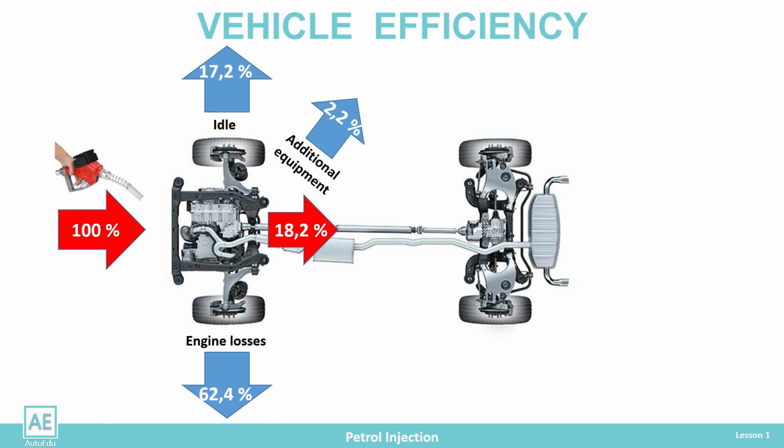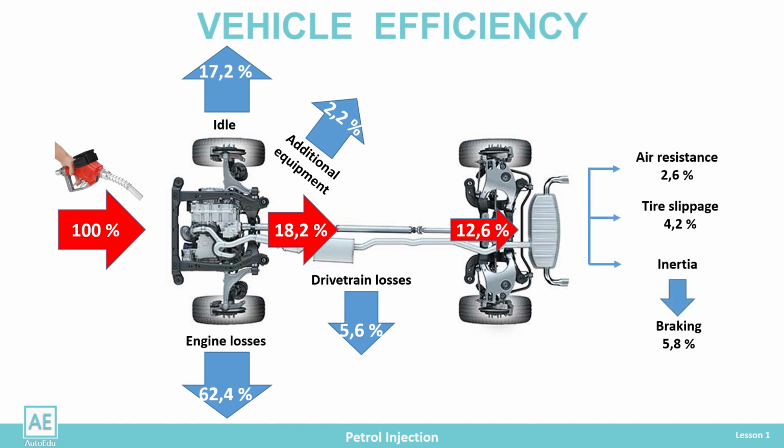Then, during startup, due to the friction of the transmission from the engine to the tires, certain losses occur. In the end, the vehicle itself needs to overcome air resistance, and losses occur due to tire slippage, inertia, and during braking. Vehicle manufacturers are constantly trying to find adequate solutions to reduce losses to obtain a more efficient vehicle that consumes less fuel.